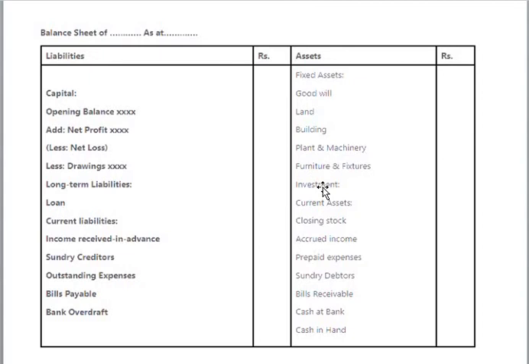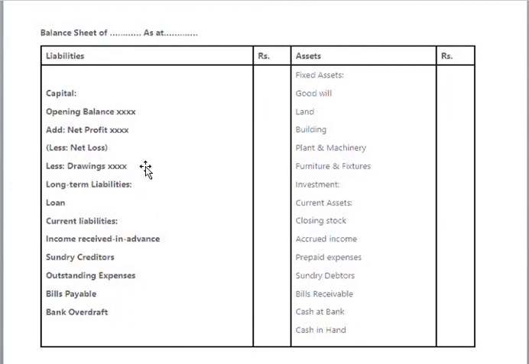You know how to do each adjustment and how it appears in the balance sheet, so that should also be included here, then only the value will be correct. Then current assets: closing stock, accrued income, prepaid expenses, sundry debtors, bills receivable, cash at bank and cash in hand. So this is the format of fixed assets and current assets.